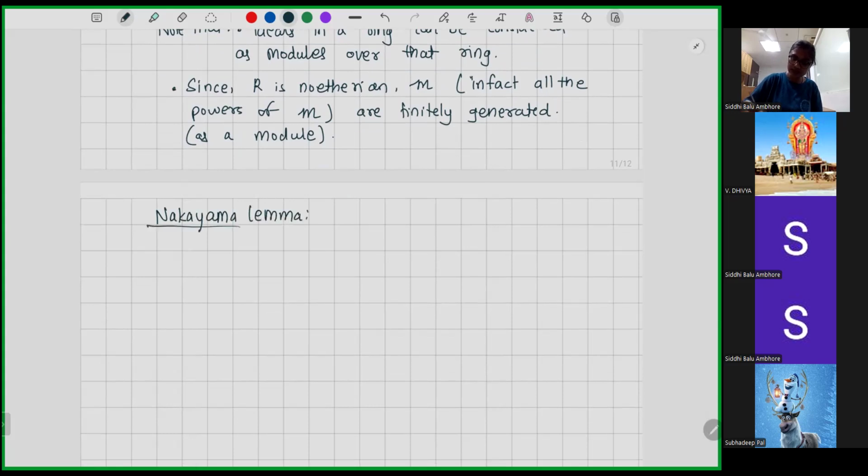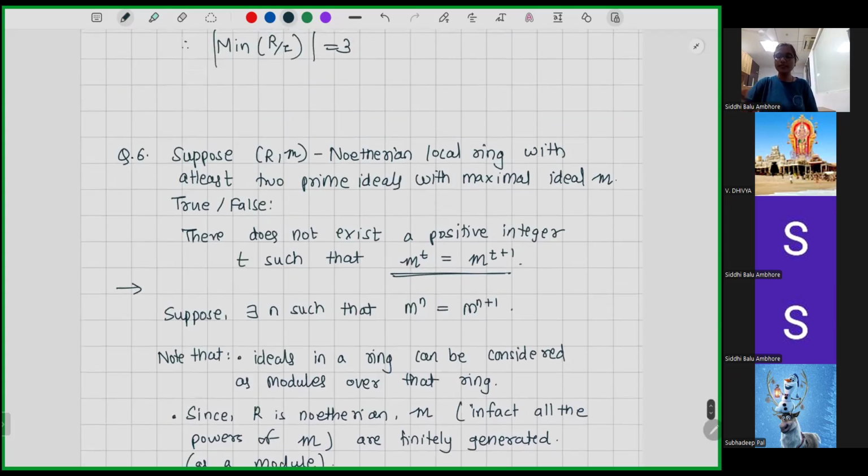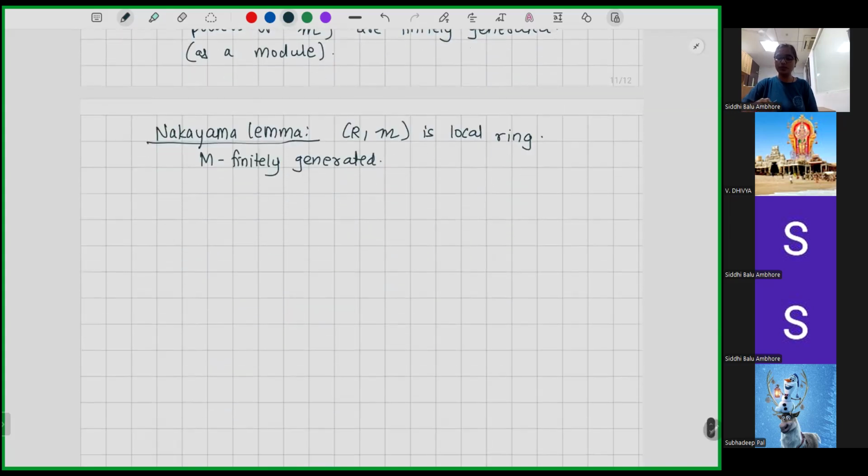What it says is that if (R, M) is a local ring and M is finitely generated, the Noetherianness here actually took care of M being finitely generated, then if M is equal to M times M, then M is 0.